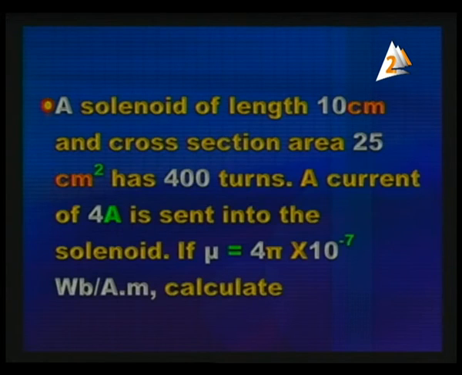Another problem: a solenoid of length 10 centimeter and cross-sectional area 25 centimeter square has 400 turns. A current of 4 ampere is sent into the solenoid. Permeability is equal to 4π times 10 to the power of negative 7 Weber per ampere meter.